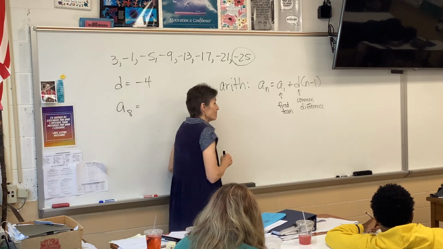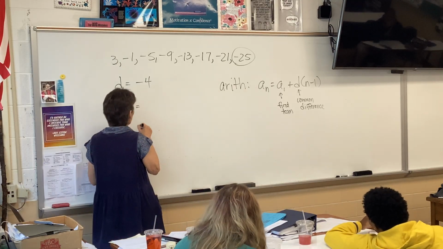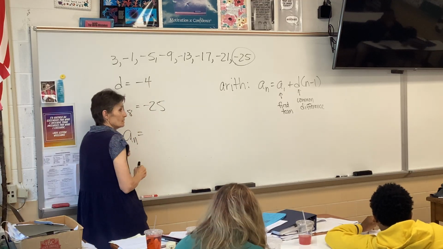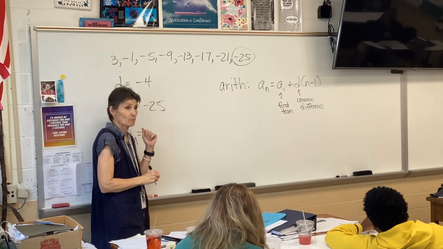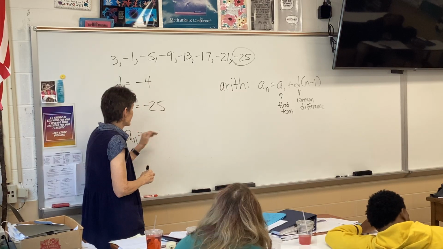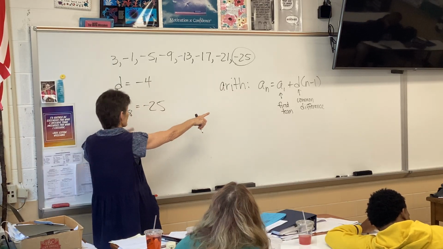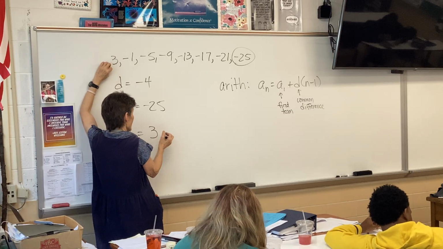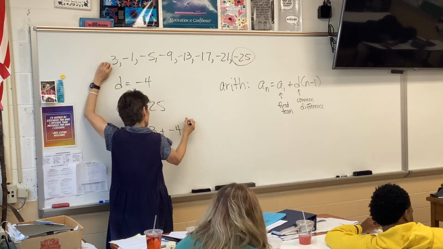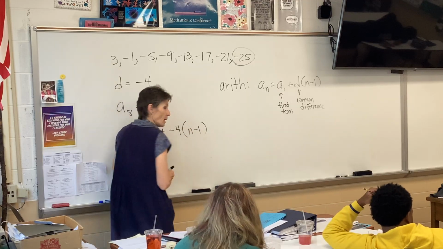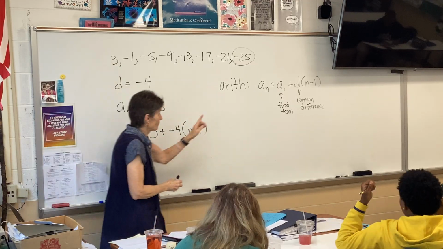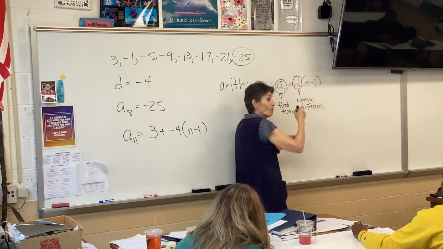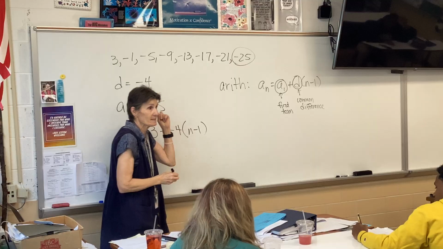When I write my formula then for this, oh wait, that was -25. When I write my formula, A sub n, that's my explicit formula, A sub n equals the first term, which is 3, plus the common difference times n minus 1. I'm plugging in this number and this number, both of which I know from my sequence.